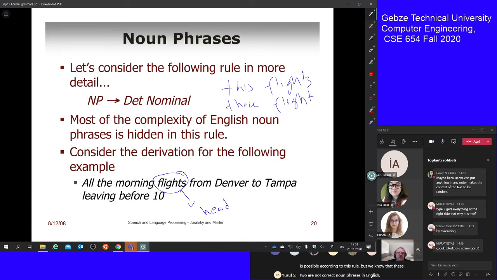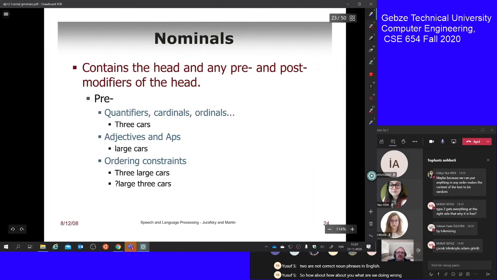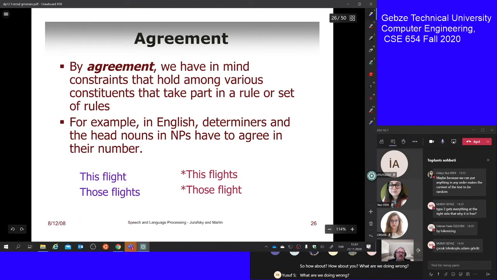But we know that these two are not correct noun phrases in English. So however, what are we doing wrong with this issue? Okay, we did not make sure that the agreement between two parts of the rule is established. We need to do something about this. So there is this agreement problem, and usually we don't have this kind of problem in Turkish.